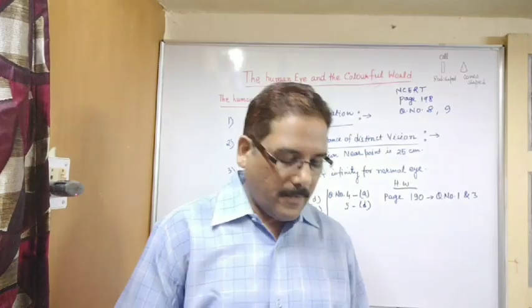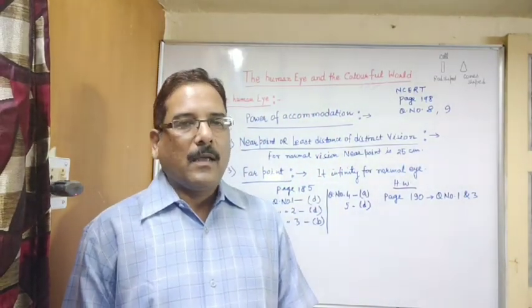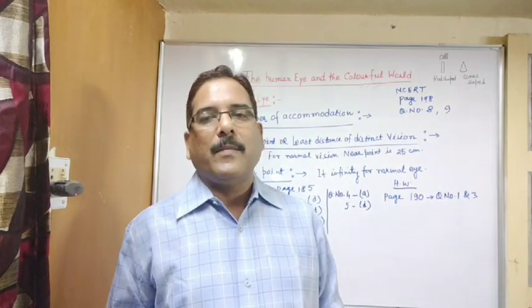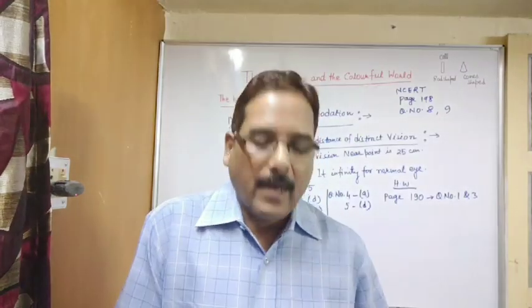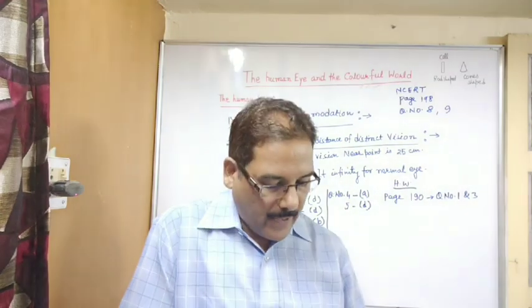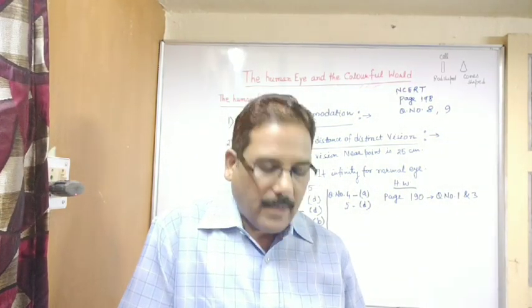Obviously convex lenses are used as a magnifying glass. When the object is very close to it, we get a magnified view. Now the two options are left, convex lens of focal length 50 centimeter and convex lens of focal length 5 centimeter.